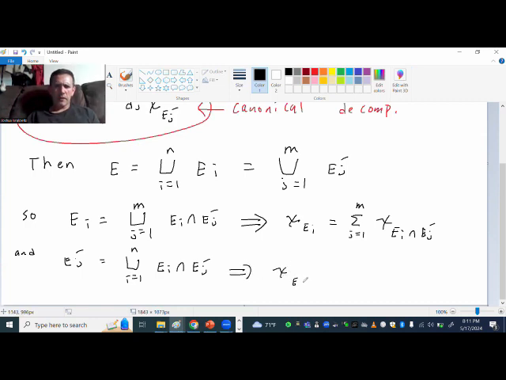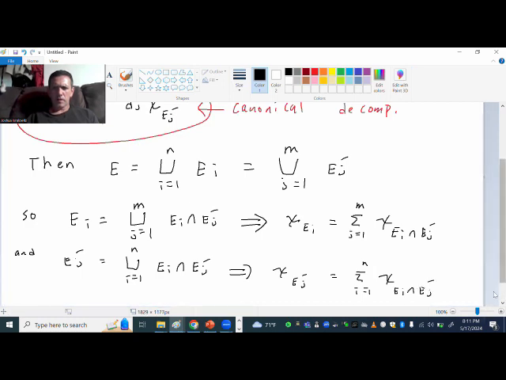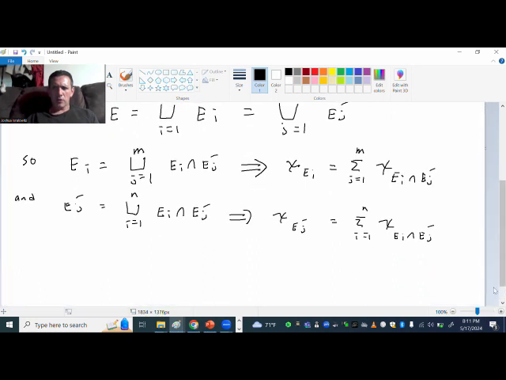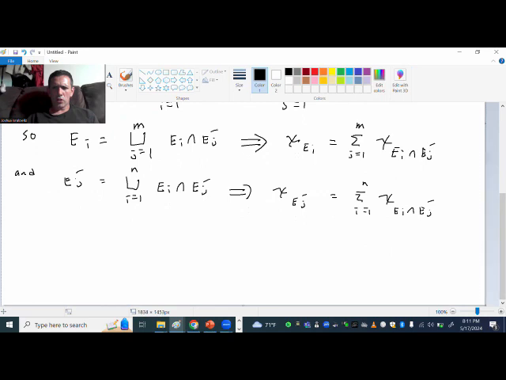That means that this characteristic function here, same thing, is this sum. All right, so we're going to put this to good use.